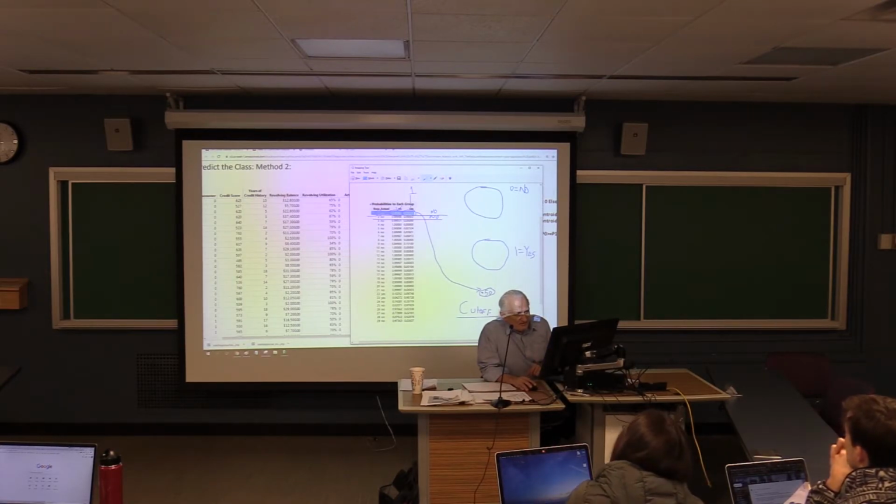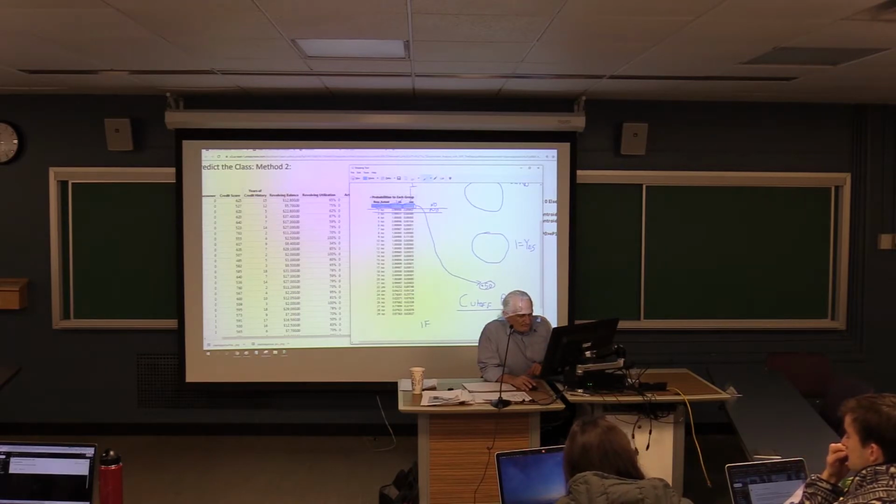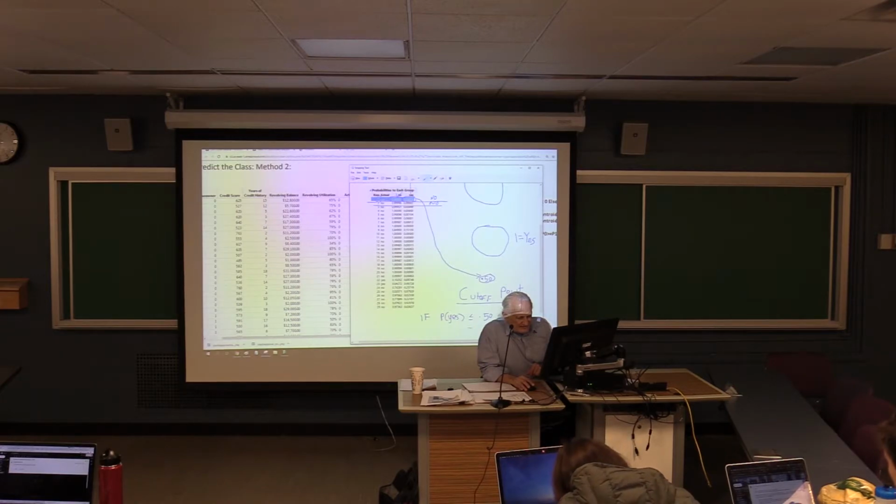But if this probability, the probability of yes, is less than or equal to the cutoff point 0.5, okay, then predict no. If the probability of yes is greater than 0.50, then assign the observation to the yes class.